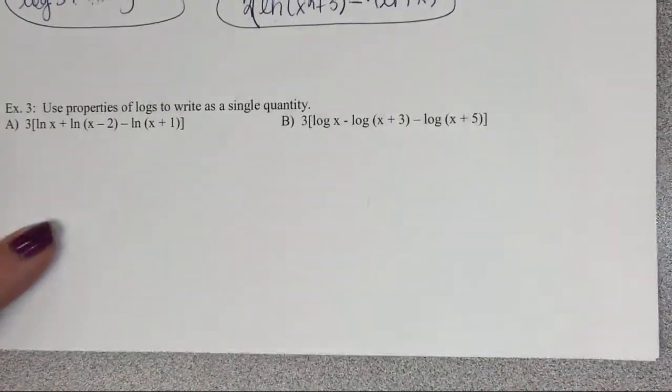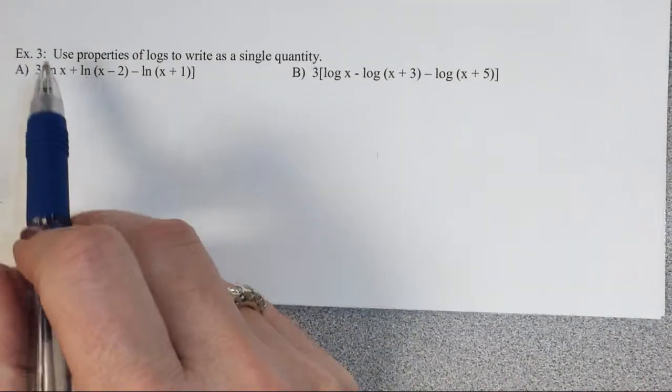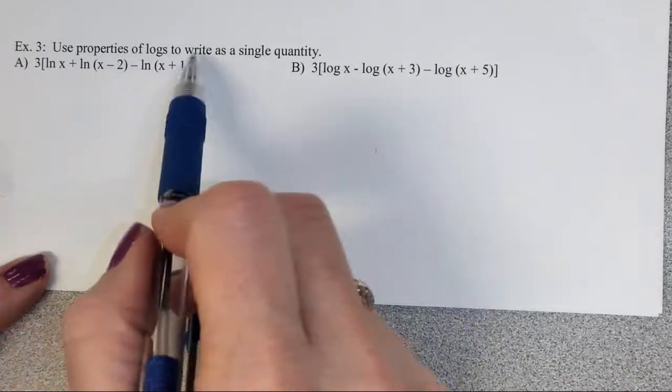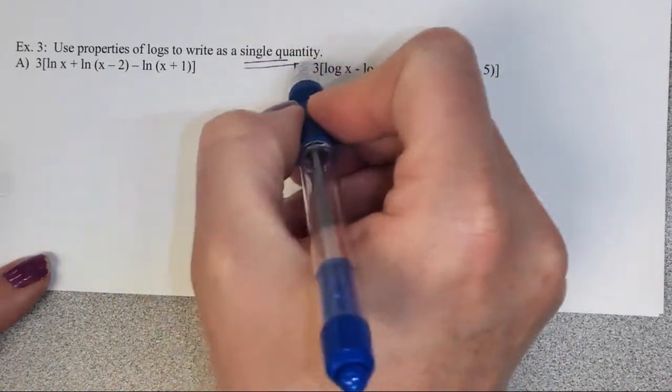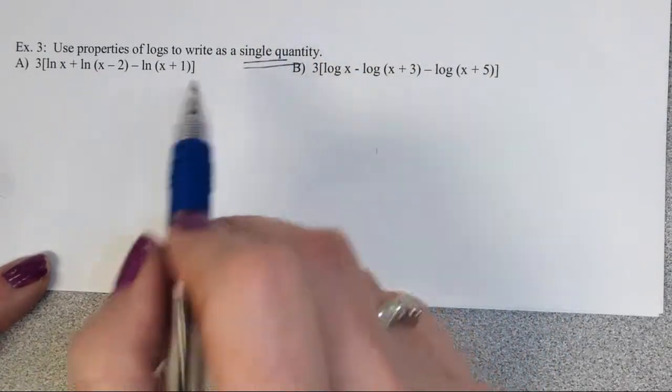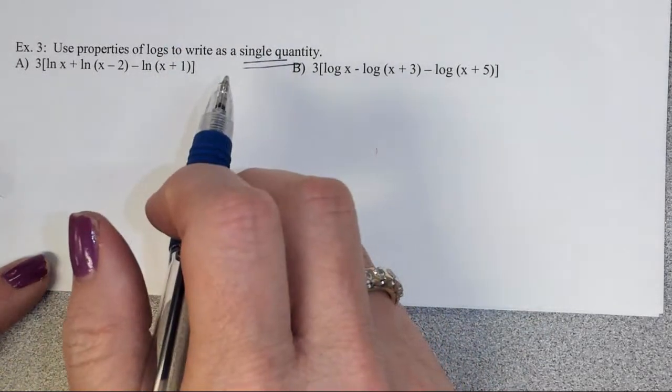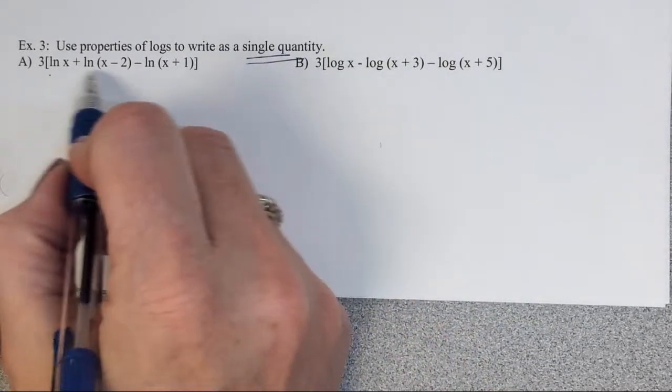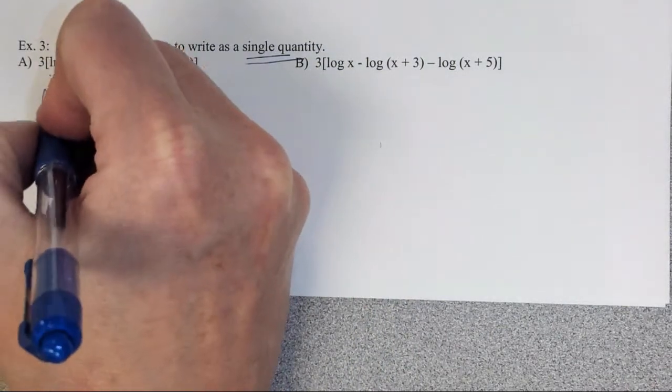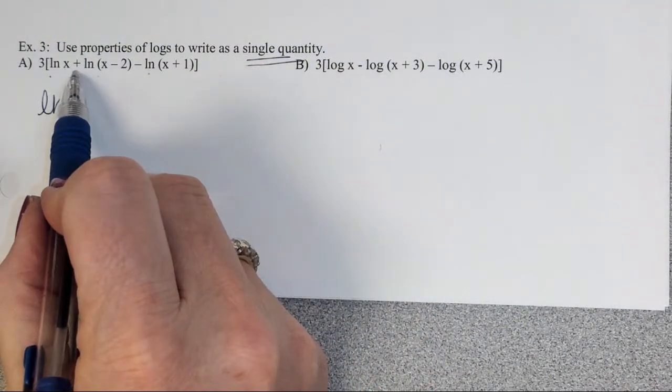Okay? All right. Here's one of the most important parts here: condensing now. Writing it as a single quantity. Single, meaning 1 natural log, 1 log. All right, so look at this. We've got 3 natural logs. We have to take it down to 1. What's our addition turn into?